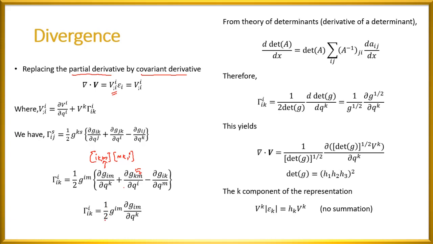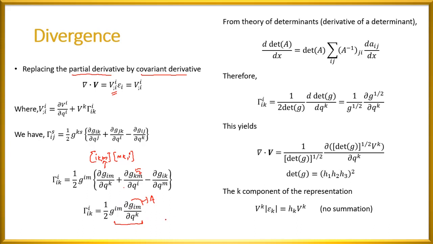Okay. See, we have a term over here. But we are familiar with this kind of expression from matrix analysis, in our course on matrix analysis. See, this term can be denoted as a matrix A, then this gim should be A inverse.